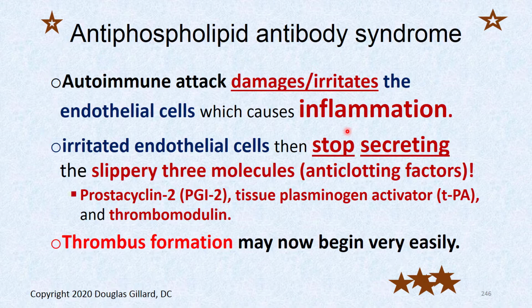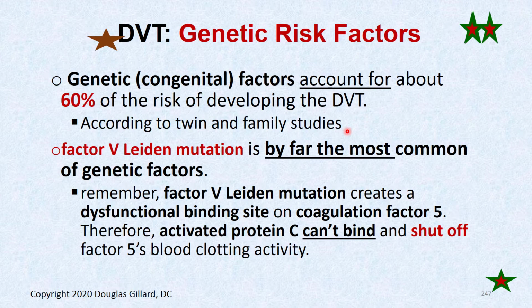But they also, more importantly, they stop secreting the slippery 3. Remember prostacyclin 2, PGI2, tissue plasminogen activator, TPA, thrombomodulin. They stop secreting those, and now you're super sticky in the area, so platelets can stick really, really easy. So that's kind of the deal with antiphospholipid antibody syndrome.